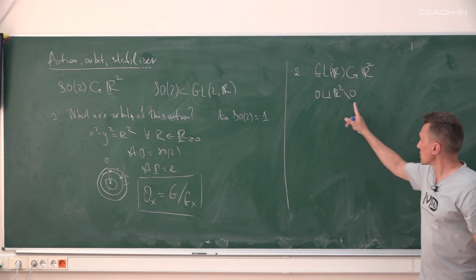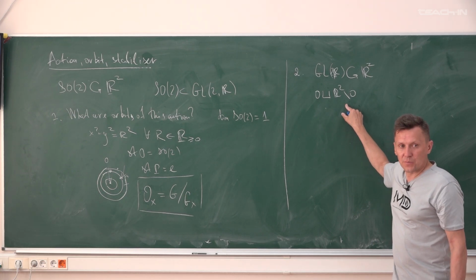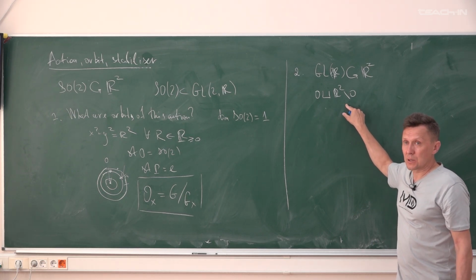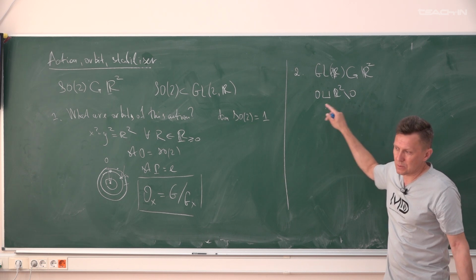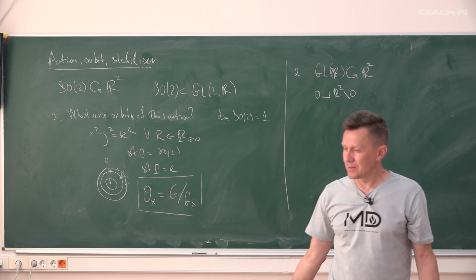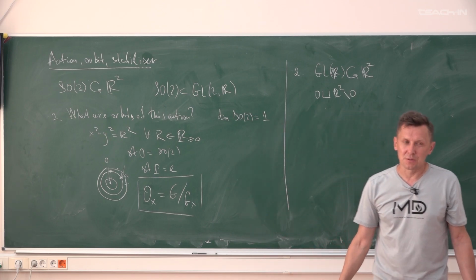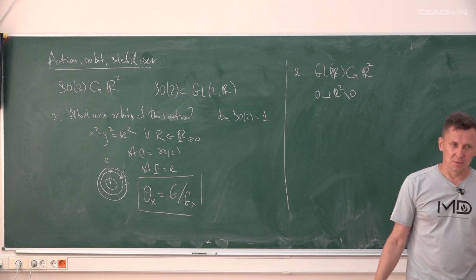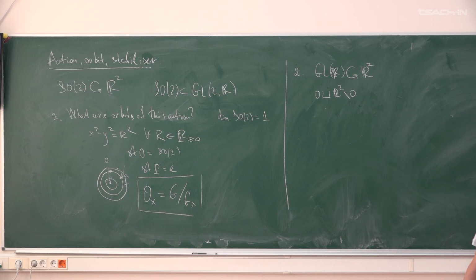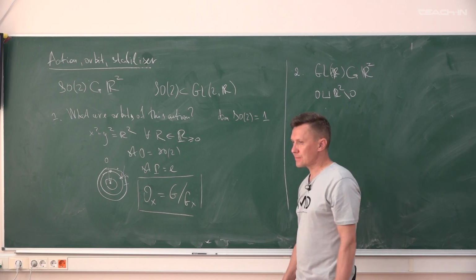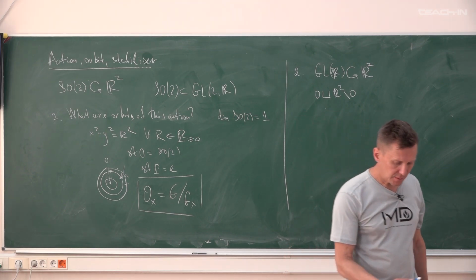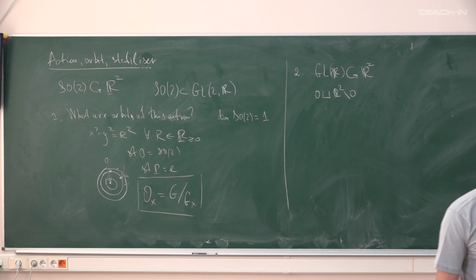Because you see, this is a two-dimensional set, but GL2R is four-dimensional. So the stabilizer will be two-dimensional. The stabilizer will stabilize the point.